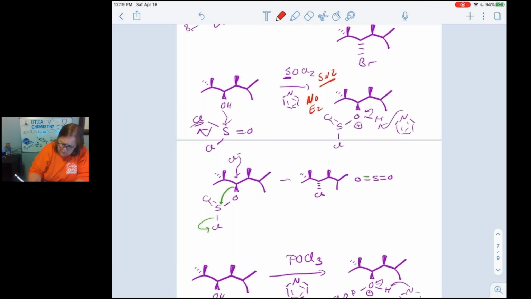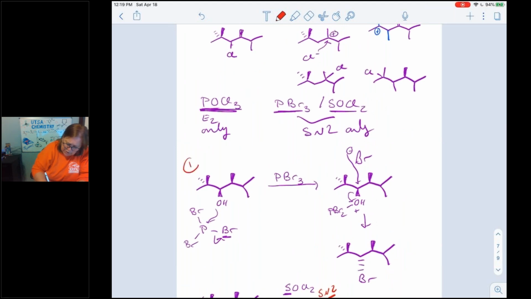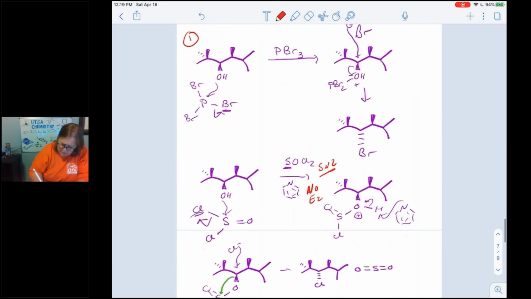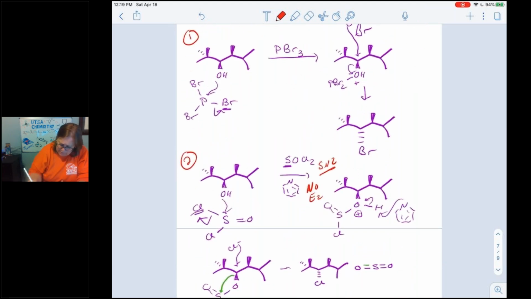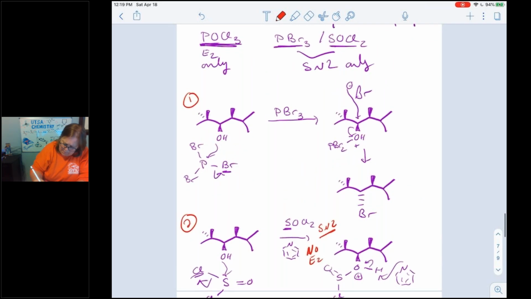Okay, no elimination. And so these are three separate reactions. So this would be reaction number 1 under this condition. This would be reaction number 2 under these conditions, and this would be reaction number 3. And so POCl3 only gives you E2. PBr3 and SOCl2 only give you SN2.